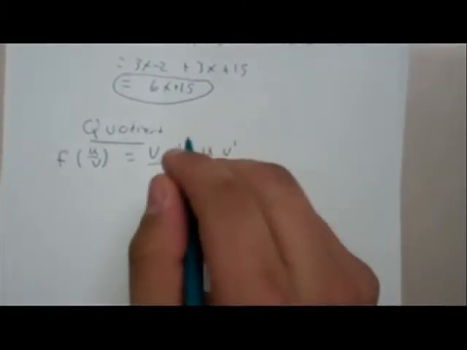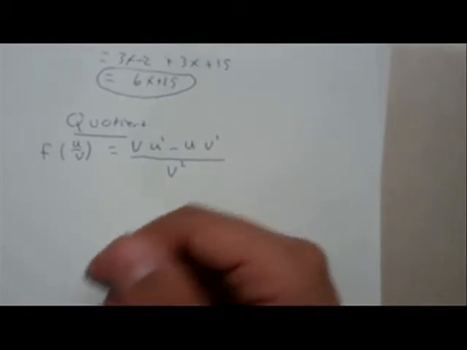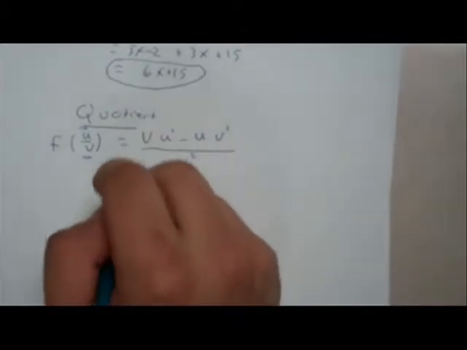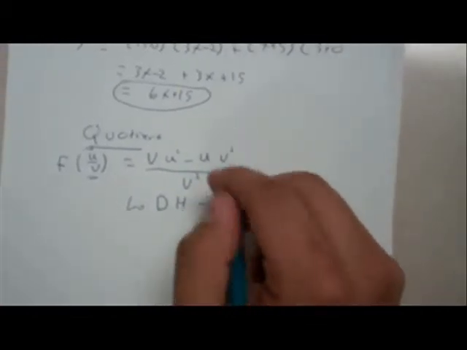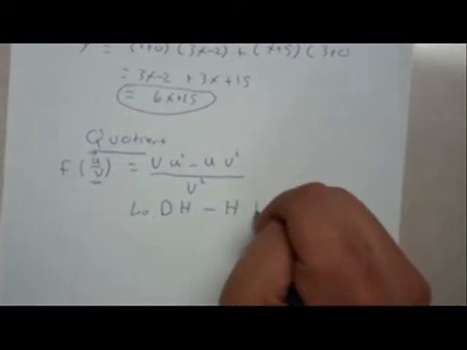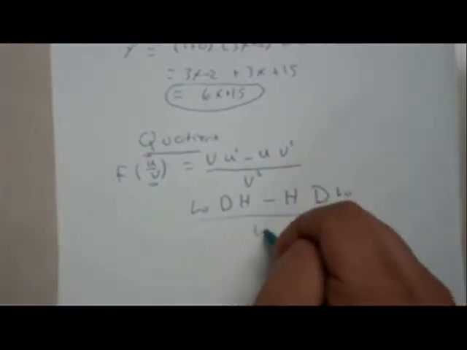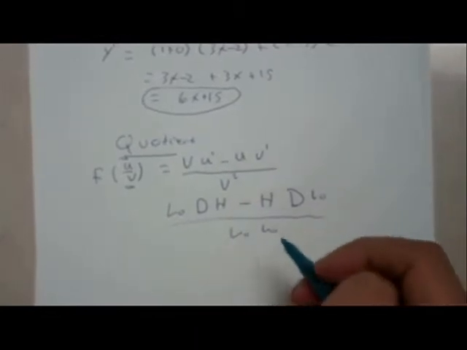Now this is going to sound complex, but a good way to remember it, how I was taught, is to think of low and high. So you say low d high, which means low times the derivative of high, minus high d low, over low squared.